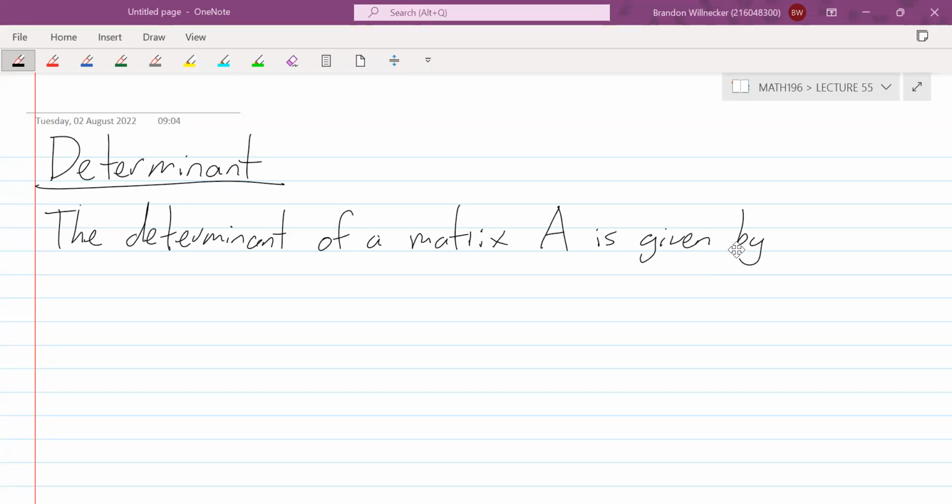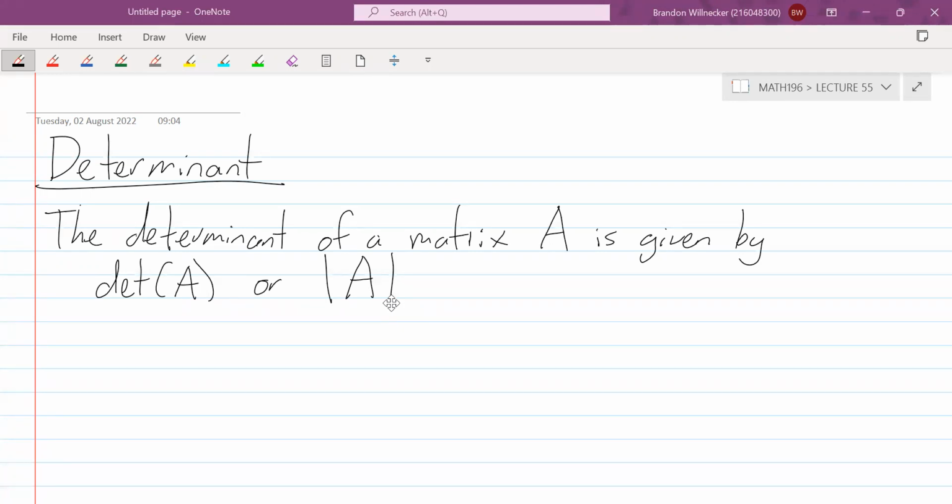We can either say det of A, so det, that's short for determinant, or you can use the absolute value signs, but now with a matrix. Okay, so the absolute value signs with the matrix inside, that's another notation for the determinant.